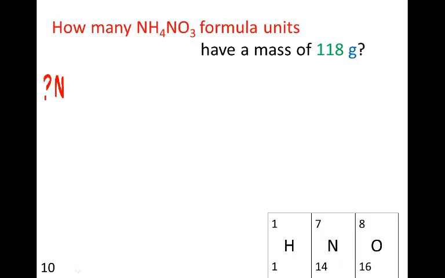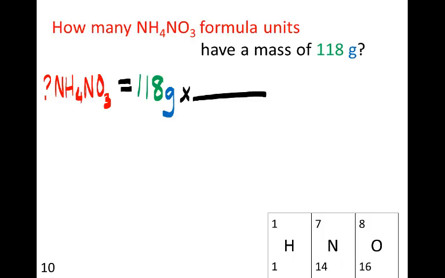How many NH4NO3 formula units? Ammonium nitrate is an ionic substance, that's why we say formula units rather than molecules, have a mass of 118 grams. Now again, I'm going to do it in 2 steps. You don't have to. You can do it in 1 if you can, but I'm thinking it through.